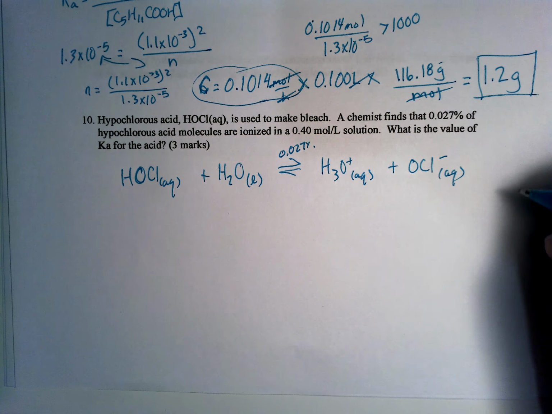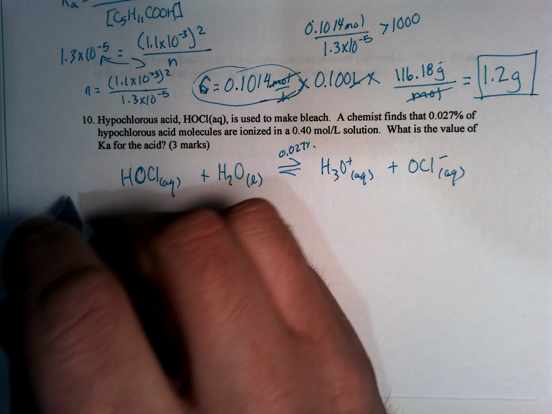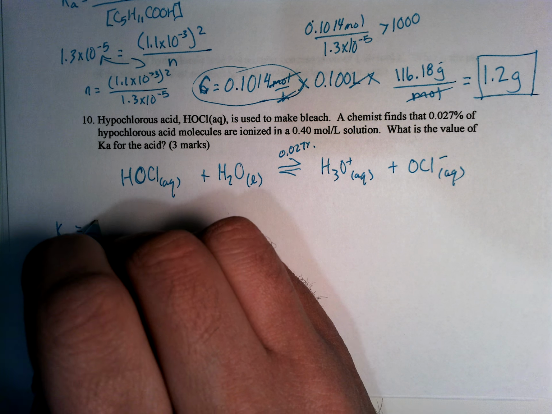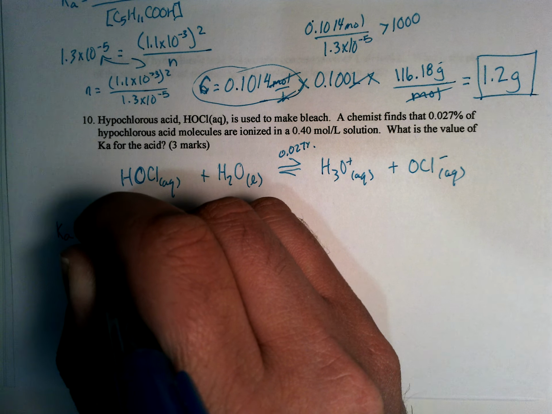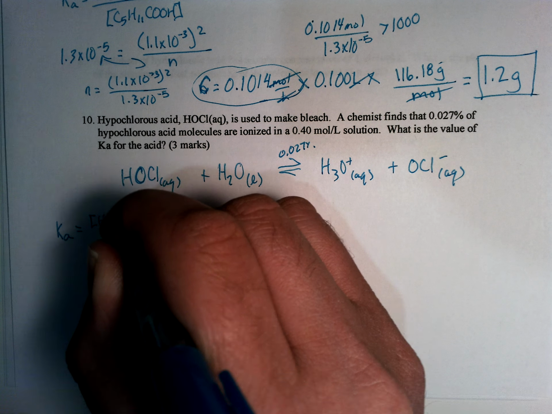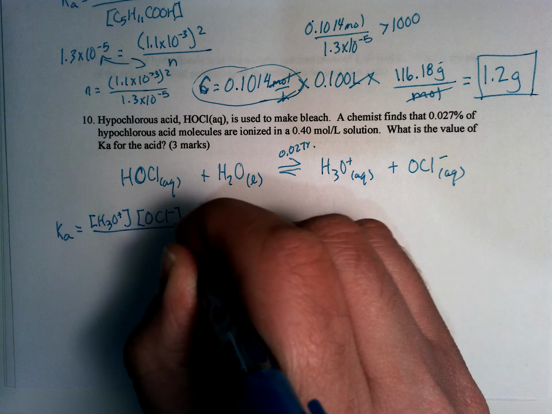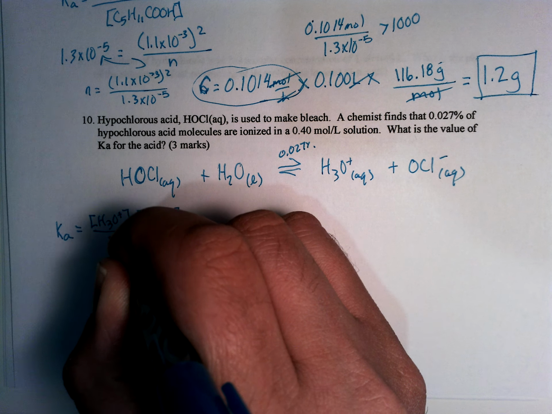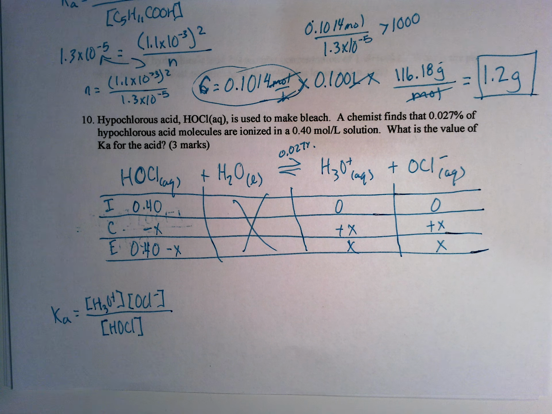We know that 0.027% goes forward. We're looking for our Ka. So our Ka will be equal to our concentration of hydronium times our concentration of our conjugate base divided by our concentration of our acid. Sorry, I forgot to write down our ice table.